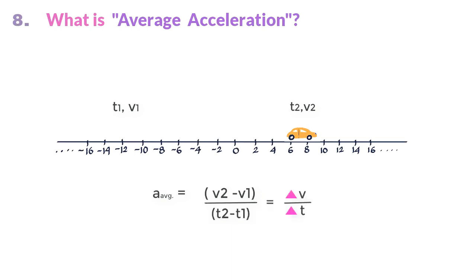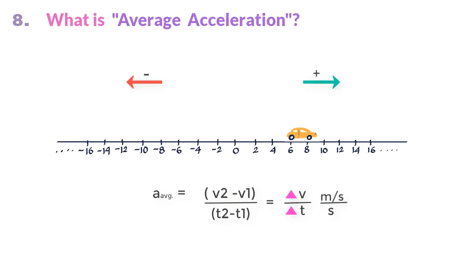So acceleration is a rate of change of velocity, or you could say how much velocity is changing every second. Just like velocity, a positive value of acceleration indicates its direction in the positive x direction, and a negative value indicates its direction as negative x direction.